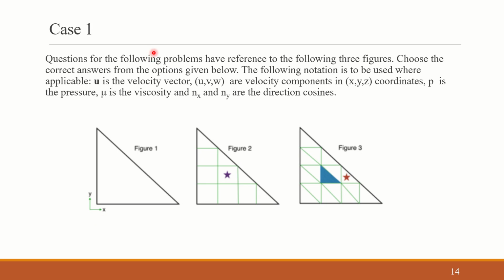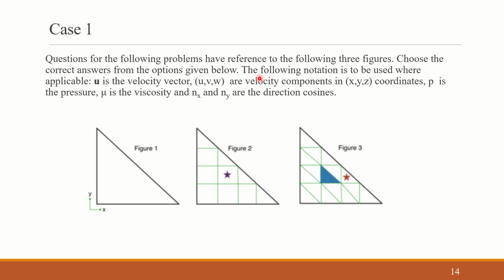Questions for the following problems have reference to the following three figures, and we need to choose the correct answers from the options given below.